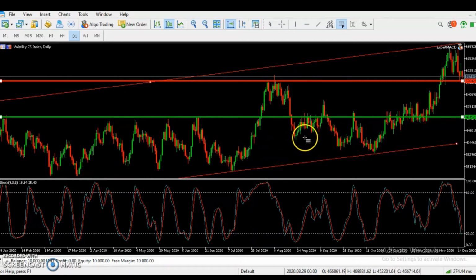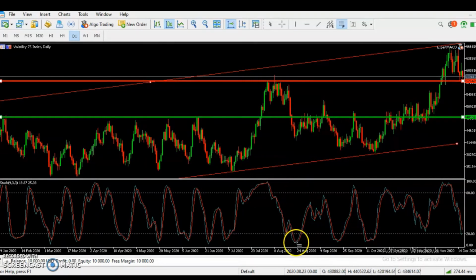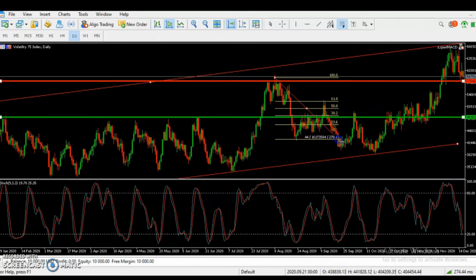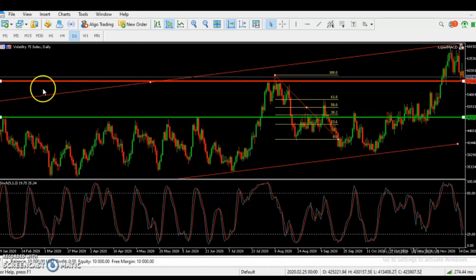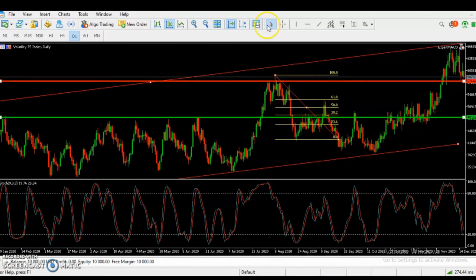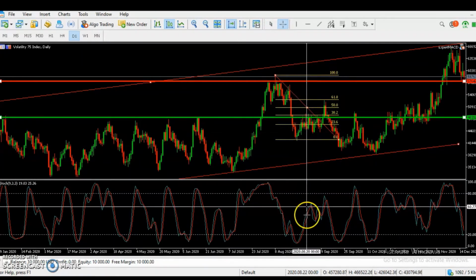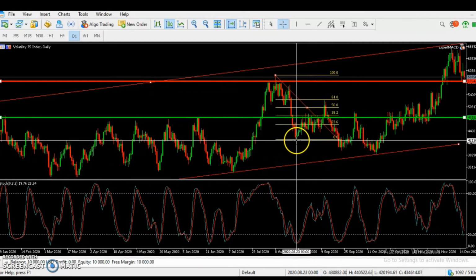Assuming we meet our graph here, we have seen that it has entered our oversold position. Now we want to know when to sell next. So we are going to wait from this point here. You can see this point here was oversold, so it was ripe for buys.